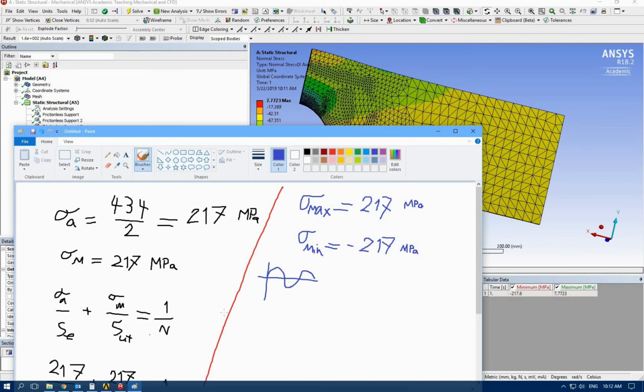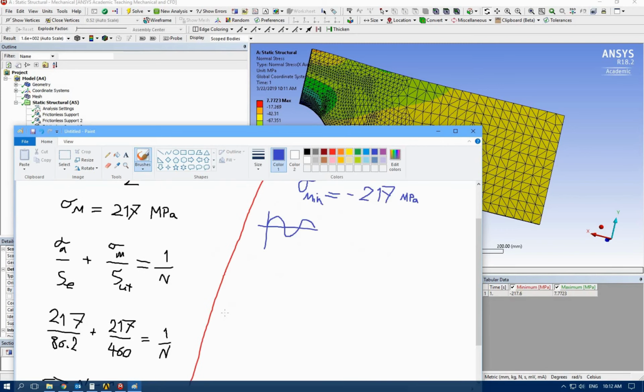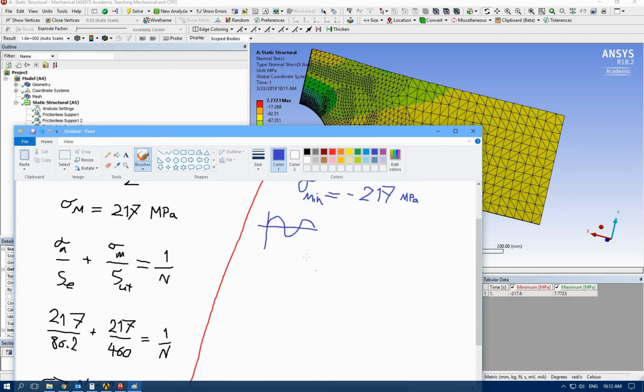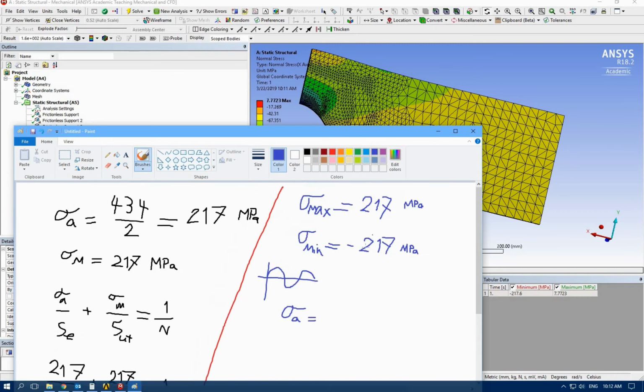Let's find life as we use the Goodman's line. For this case, let me find alternating stress, which is going to be this one minus this one, which is going to be twice that, divided by 2, so 217 megapascal.